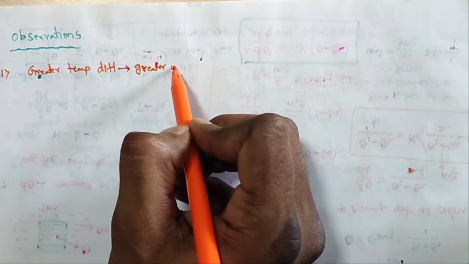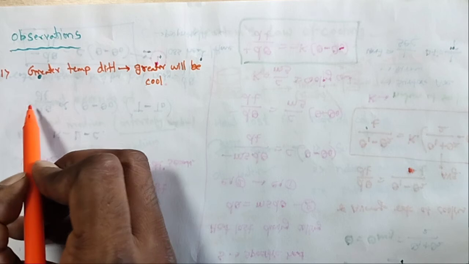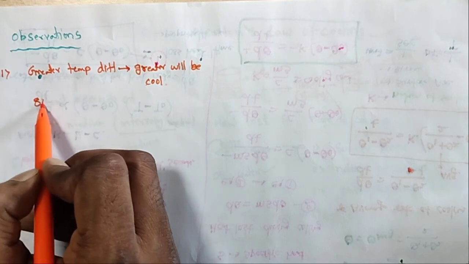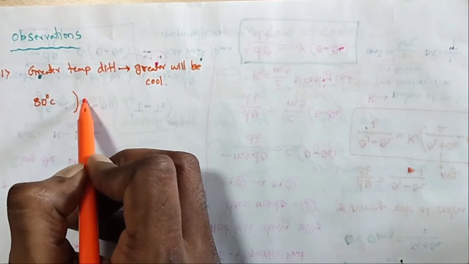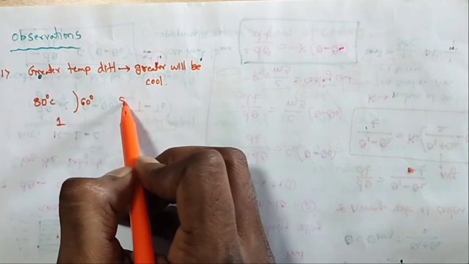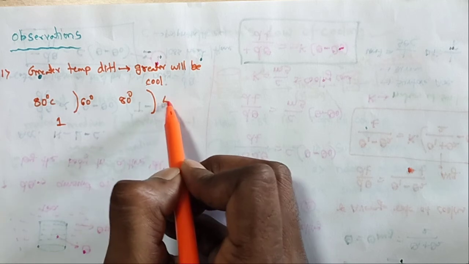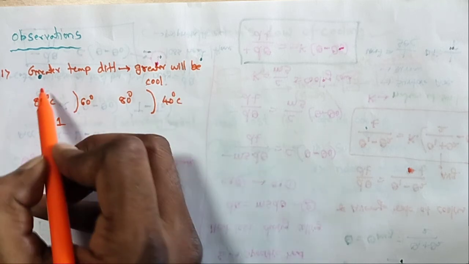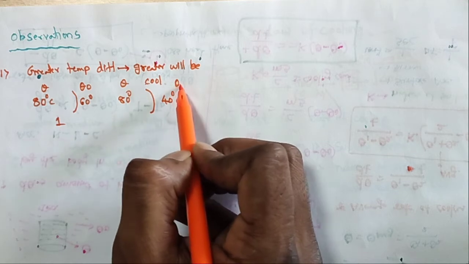For example, 80 degrees body with surrounding temperature 60 degrees is the first case. Second, 80 degrees body with surrounding temperature 40 degrees. This is theta and theta naught in both cases.